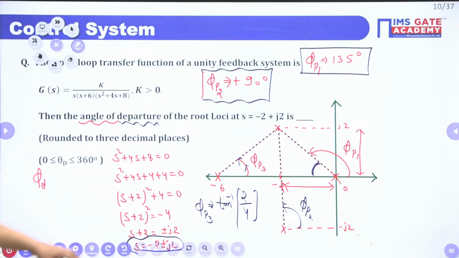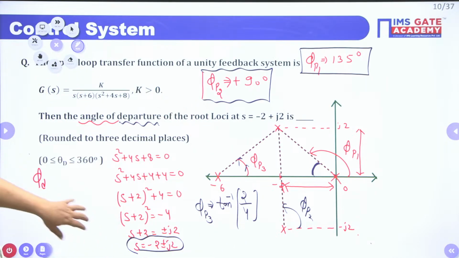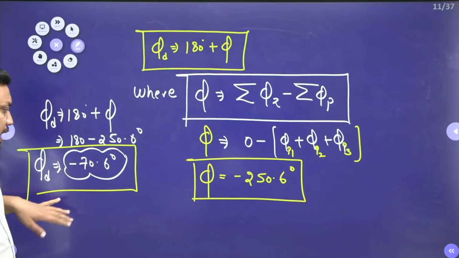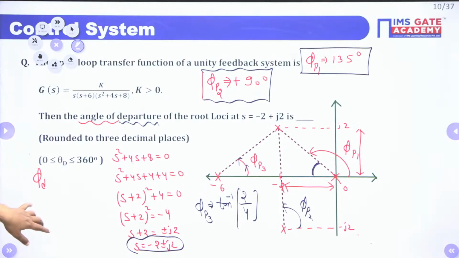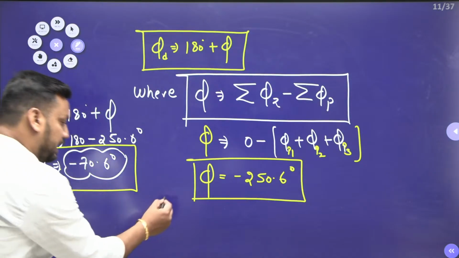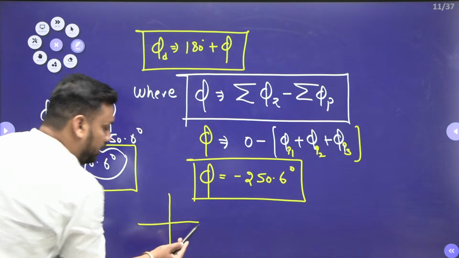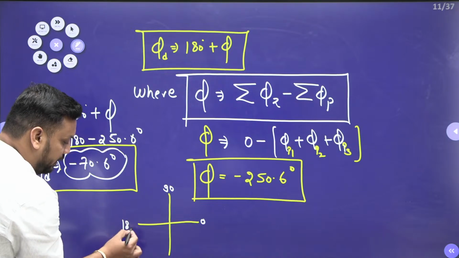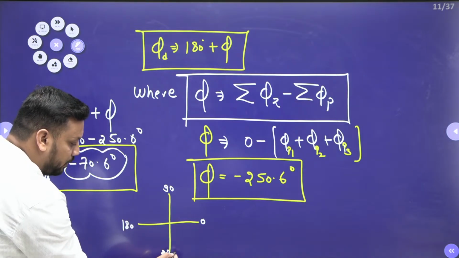Now if this is the angle of departure, you cannot type minus 70.6, because here it is given that the angle should be between 0 and 360 degrees. So shall I write its equivalent value? I hope you remember, if this is 0 degrees, this is 90 degrees, 180 degrees, 270 degrees.